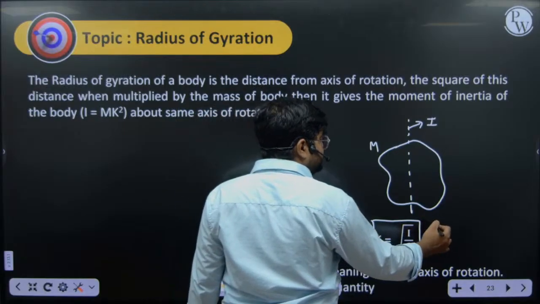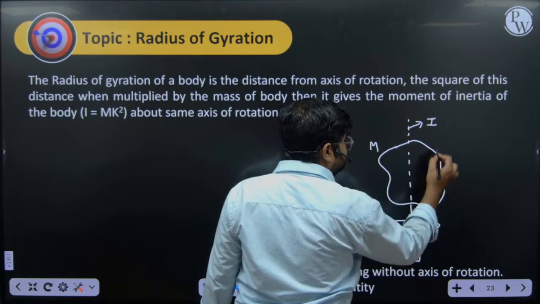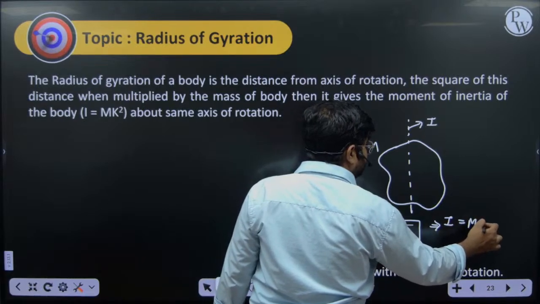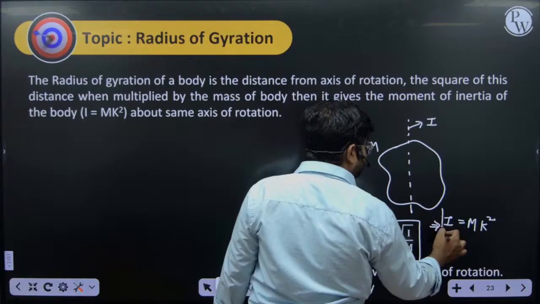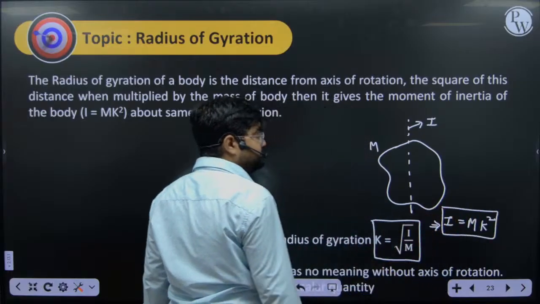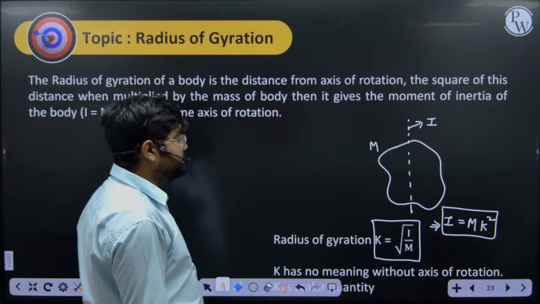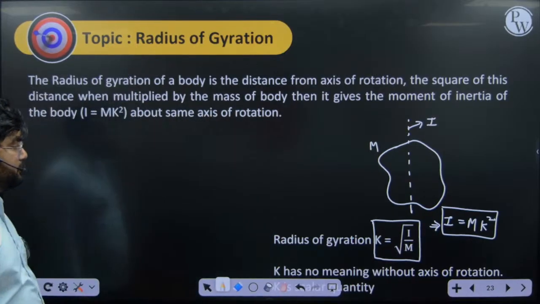You can also rewrite this moment of inertia I as mass of the body into radius of gyration square. This is another way. So k comes out as under root moment of inertia by mass.